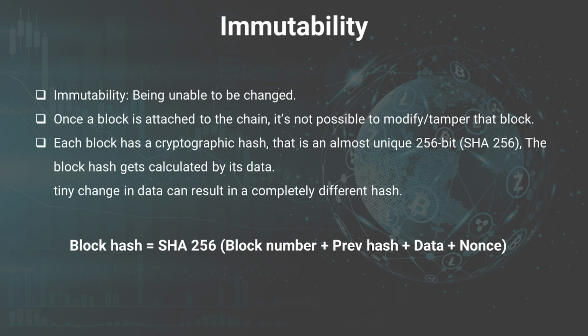So if you try to add something to the data, delete some data, change the previous hash, or change some number, whatever change you make, you will get a completely different hash. Given the same data, you get the same hash. If you make any tiny change in the data, you get a completely different hash. That's where the whole concept of immutability exists.